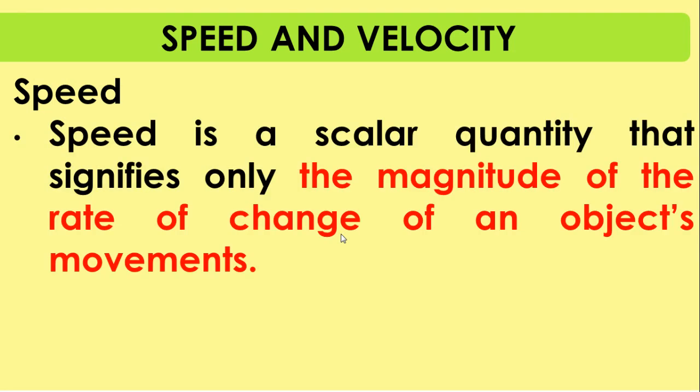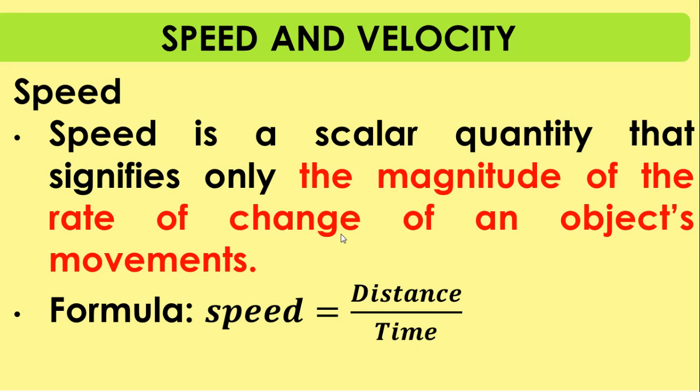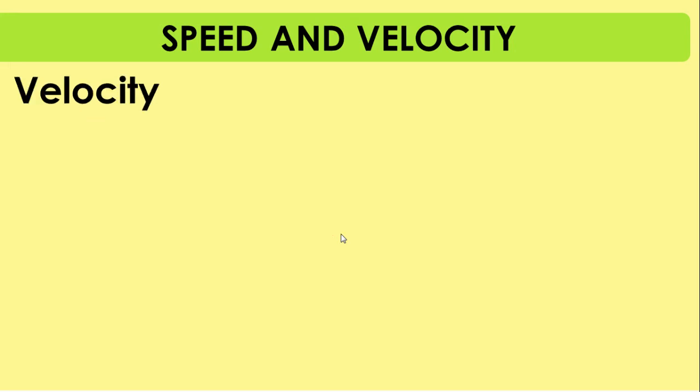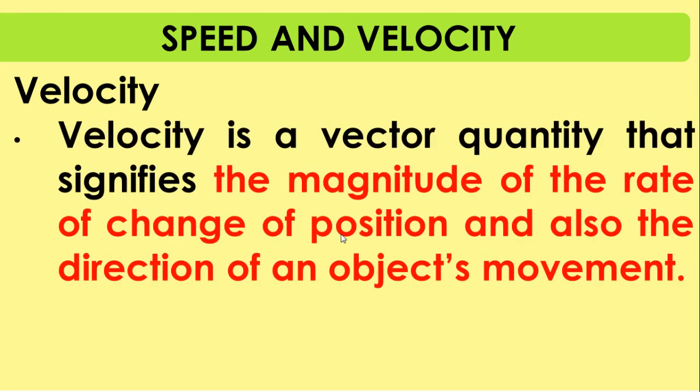When we say speed, again, this is a scalar quantity that signifies the magnitude of the rate of change of an object's movement. And the formula for speed is given as distance over time, and the unit is meters per second. Now for the counterpart of speed, when it comes to vector quantity, we have velocity.